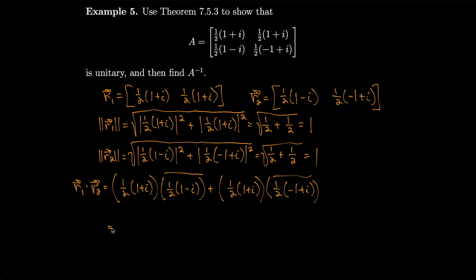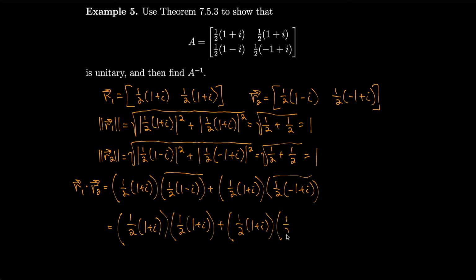Okay, let's keep going. I'll rewrite it applying the conjugate, so half (1 plus i) times half (1 plus i), plus half (1 plus i) times half (minus 1 minus i).